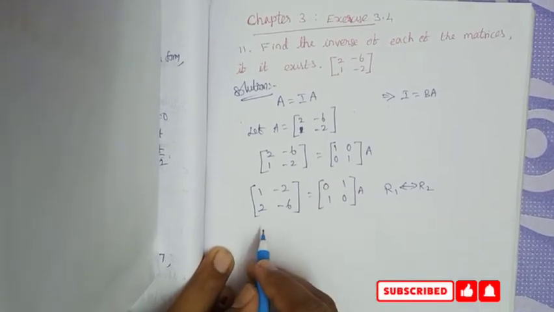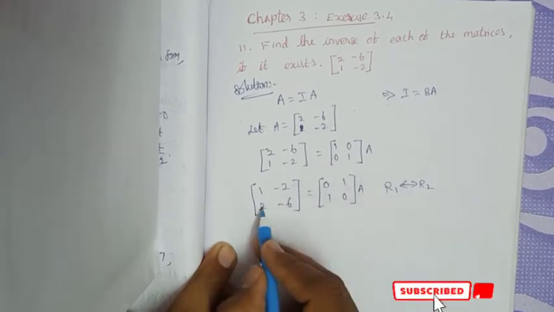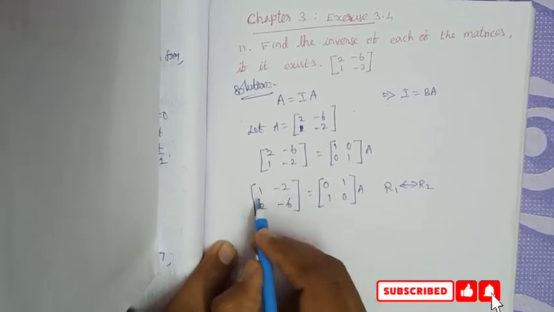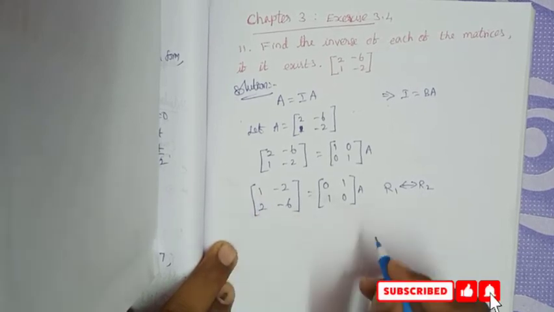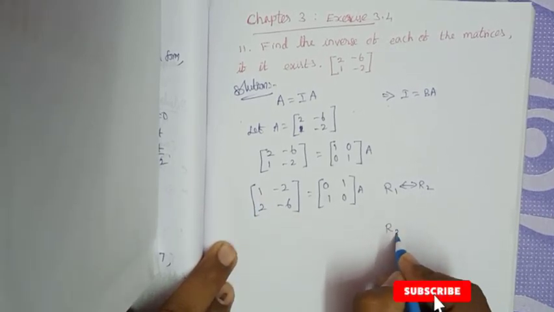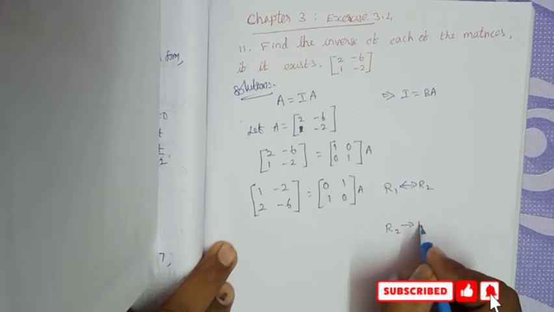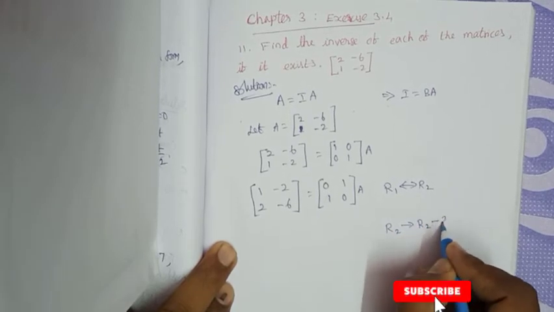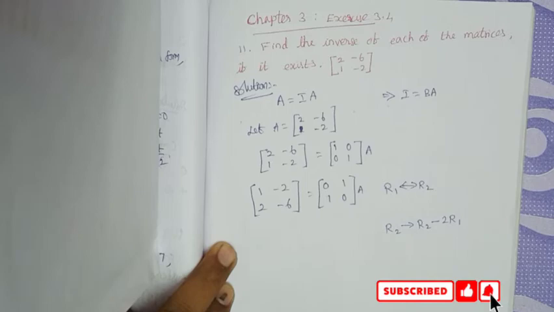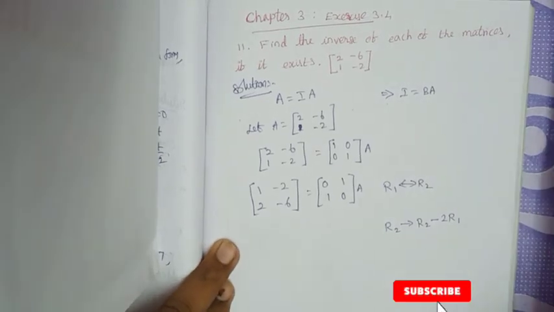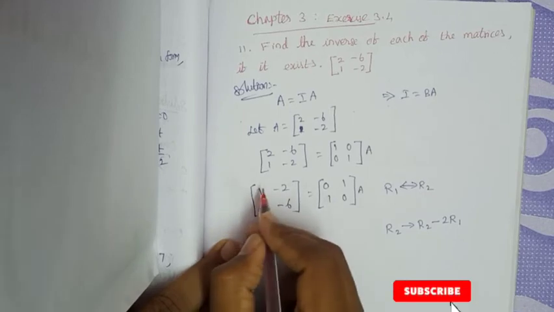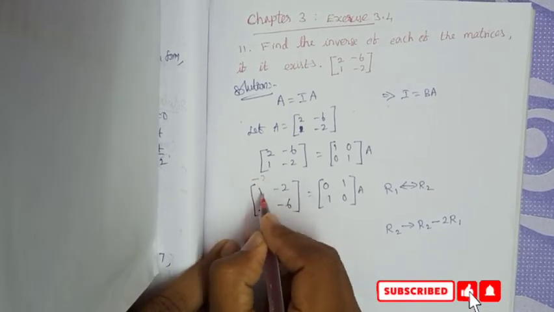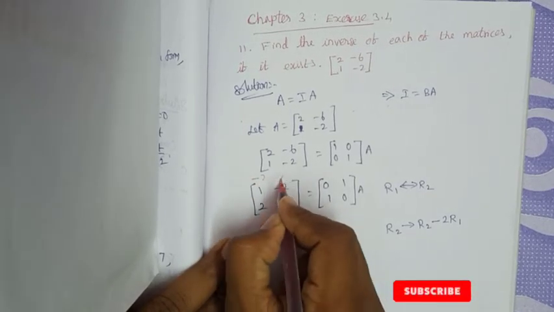Now the identity rule is that the second entry is 0, so we multiply by 2 and subtract these two rows. So the operation is R2 implies R2 minus 2R1. Multiplying the first row by minus 2, we get minus 2 and minus 2 into minus 2, 4.